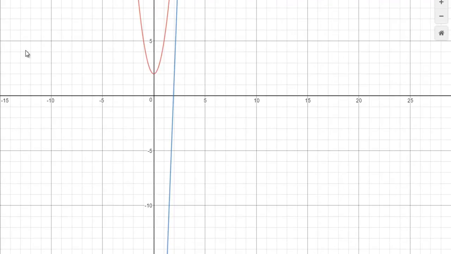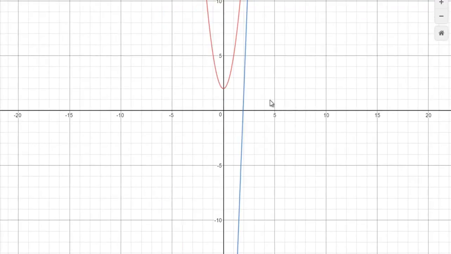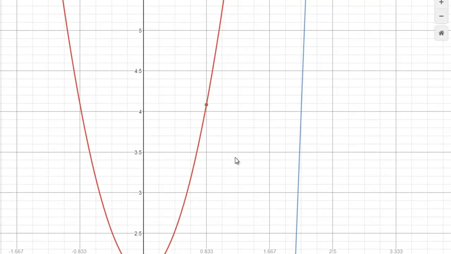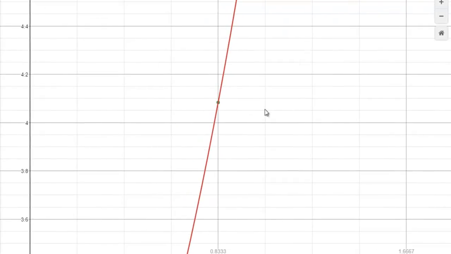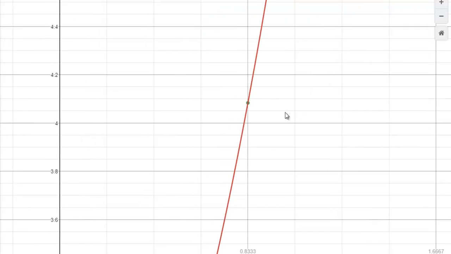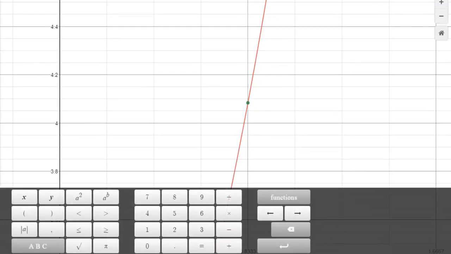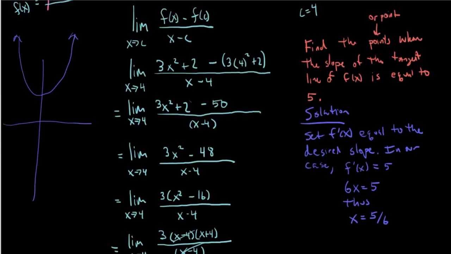Let's see here. So there is the point right there. Now, the slope of that tangent line. Now I need to introduce that tangent line. Oh, this is a little more work than I thought it was going to be, because now I need to write the equation of that line. Okay, let's go back over here. Oh, now I've started. I got to finish it.